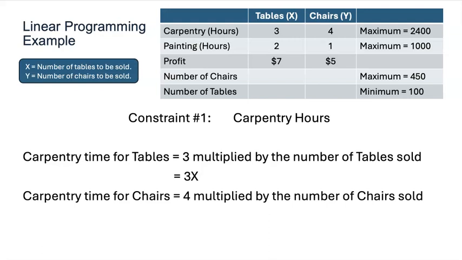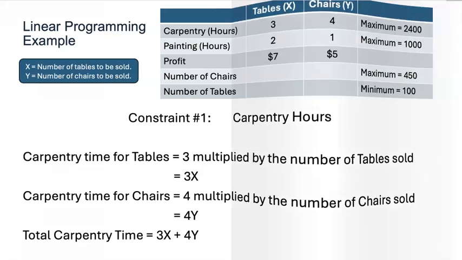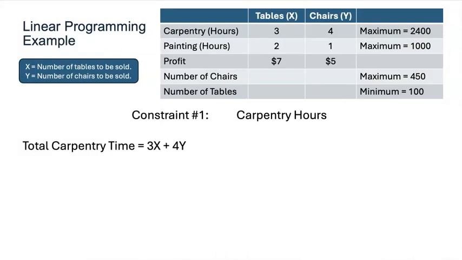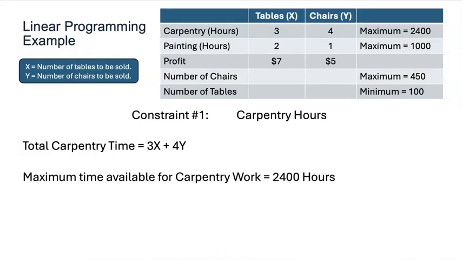Carpentry time for chairs is 4 hours multiplied by the number of chairs. So that's 4 multiplied by Y, since Y represents the number of chairs. So our total carpentry time is 3x plus 4y. Based on that, the maximum time available for carpentry work is 2400 hours.